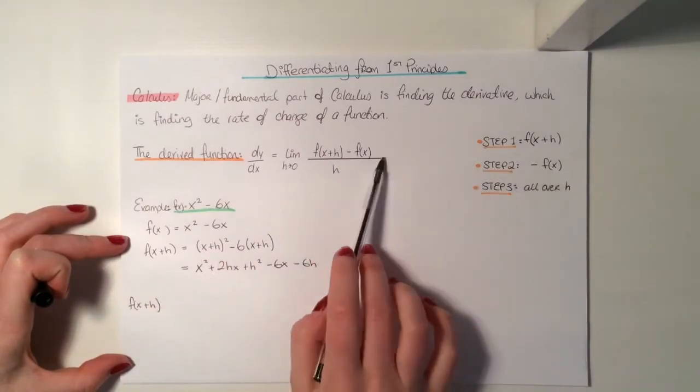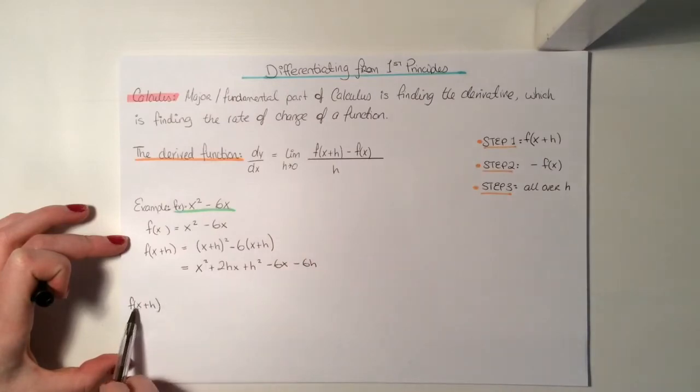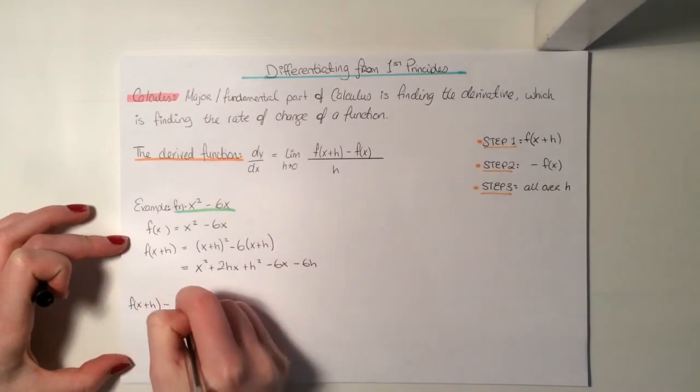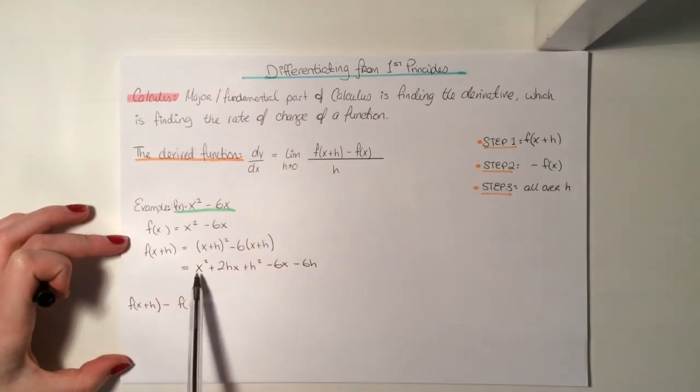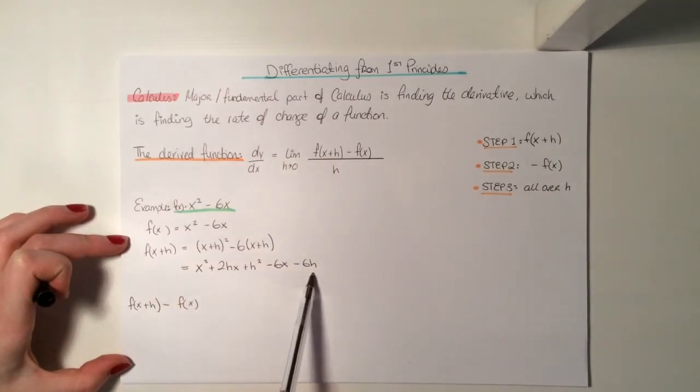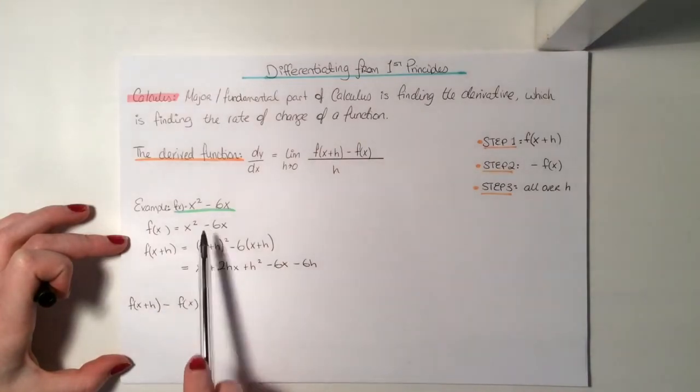Step 2 now is minus f of x. I'm taking all this from this formula here. So we've got f of x plus h minus f of x. What you need to do is take your answer from the first step, so take your f of x plus h and take away your original question.